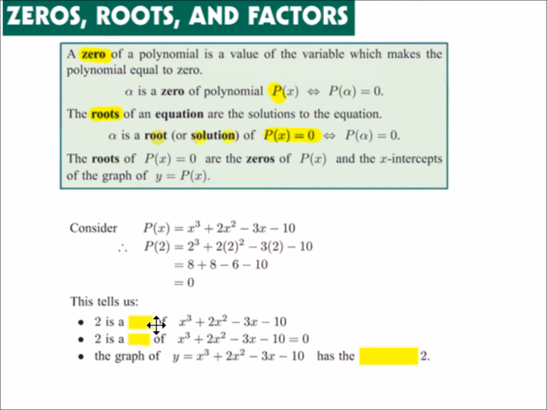That tells us that 2 is a zero of the polynomial expression, and it's a root of the equation equal to 0 here. Now the graph of that function would have an x-intercept at 2.